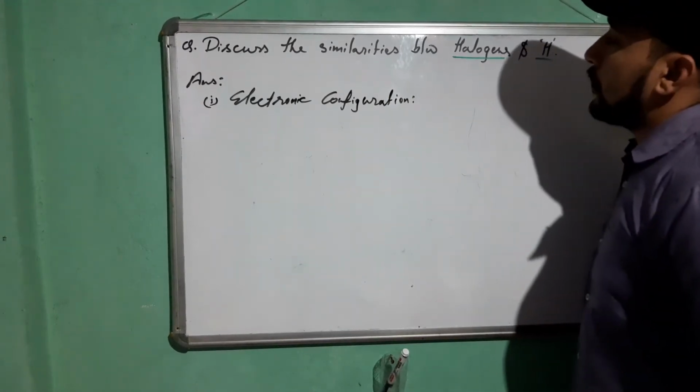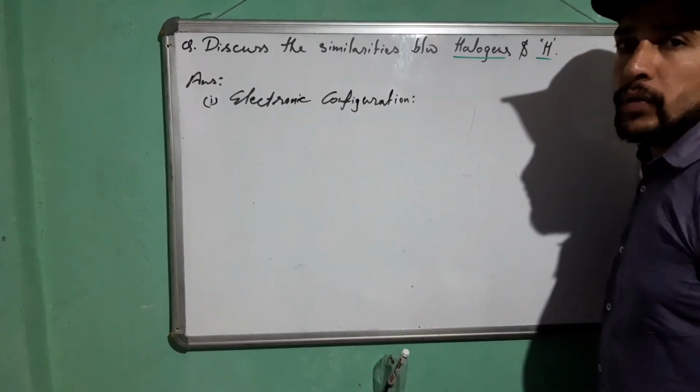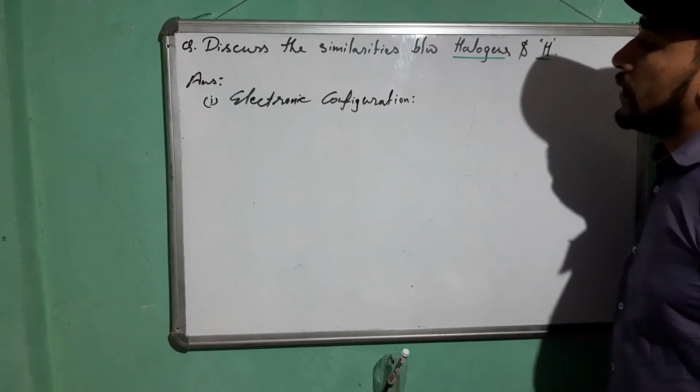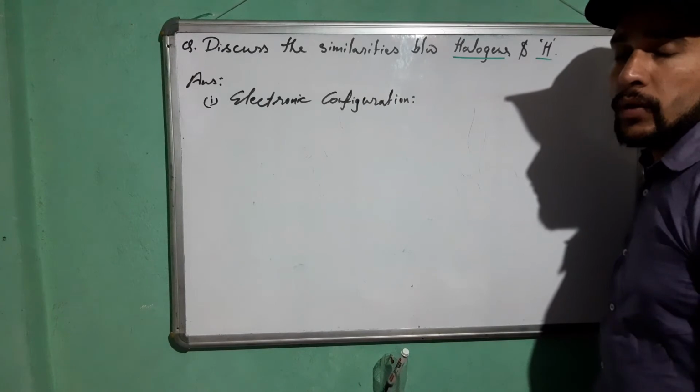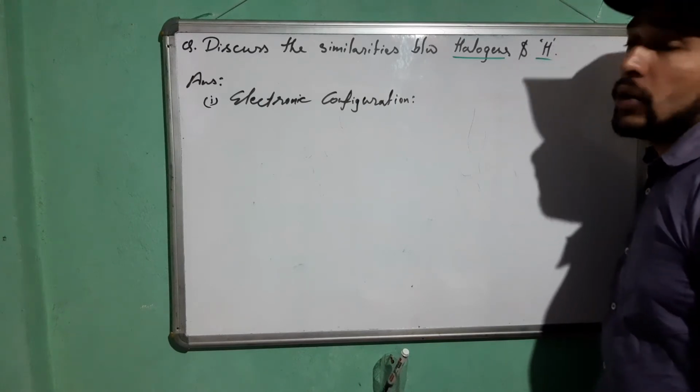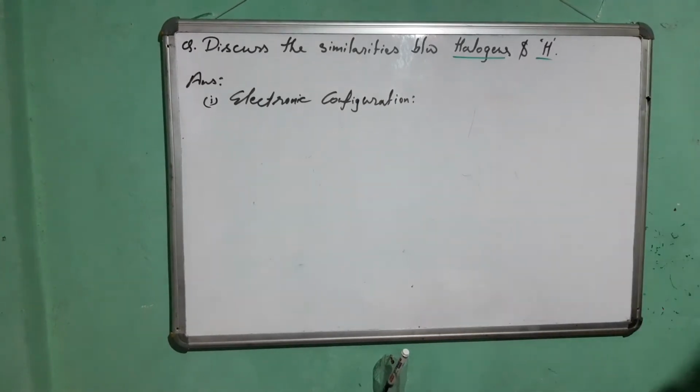Halogens have one electron less in the outermost orbit than required to fulfill the octet criteria.